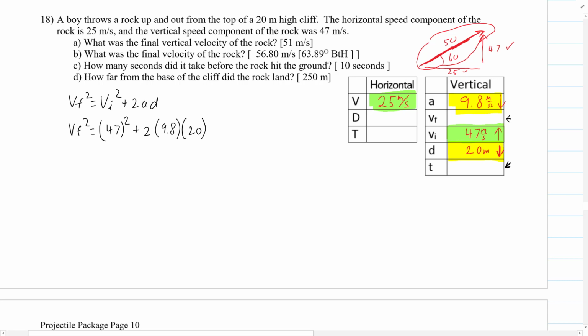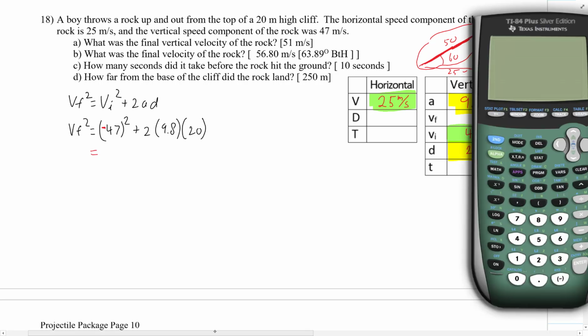Now please, when we did the loaf of bread, the biggest tripping hazard is the signs. These arrows are the signs. We choose which one is negative, which one's positive. We get the same answer afterwards. I want the downward to be positive because when it lands, it's going to be going down. So I want that to be positive, so the upward will be negative. It doesn't matter. If both of these were negative, it would still be positive over here.